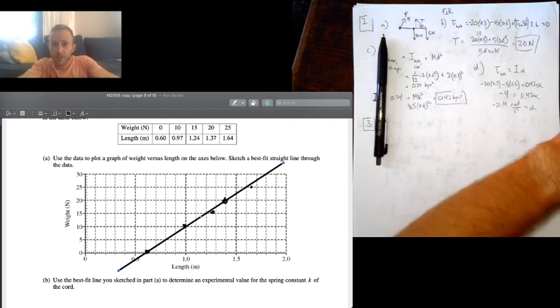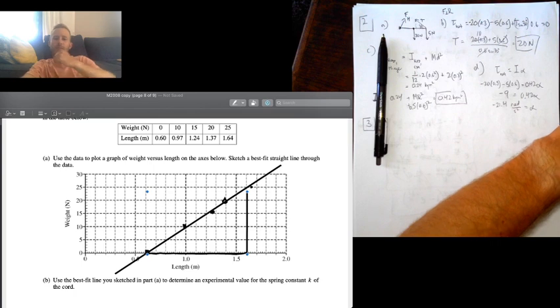So we can see that our best fit line, if I look at this, goes up 25 and goes over about 1 meter.